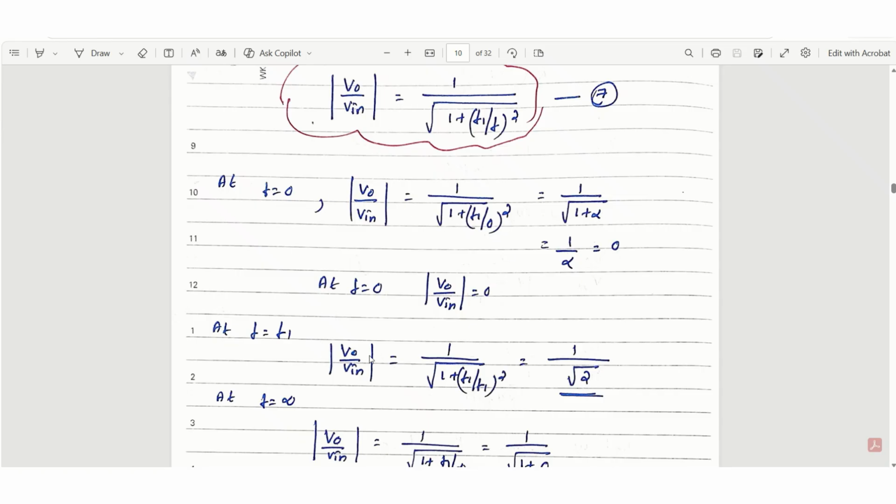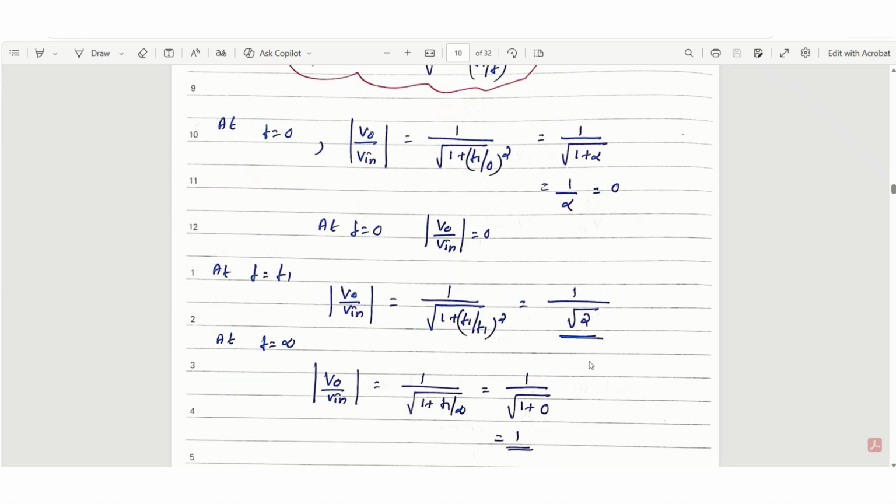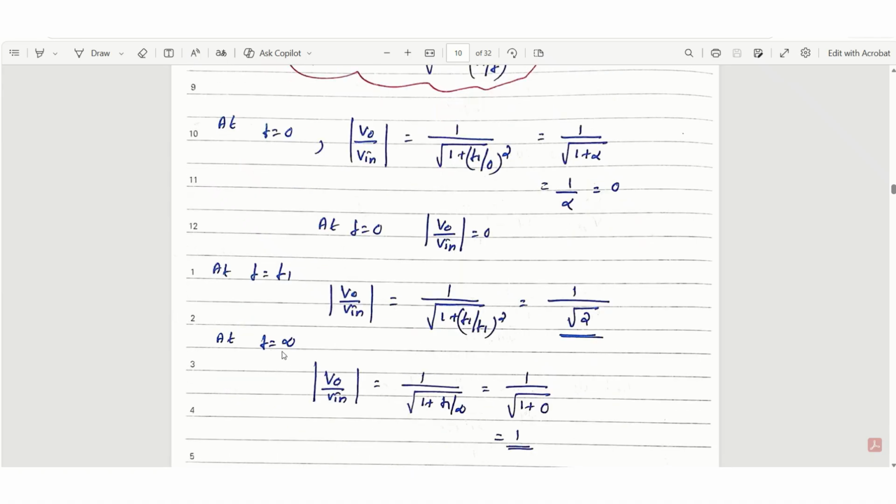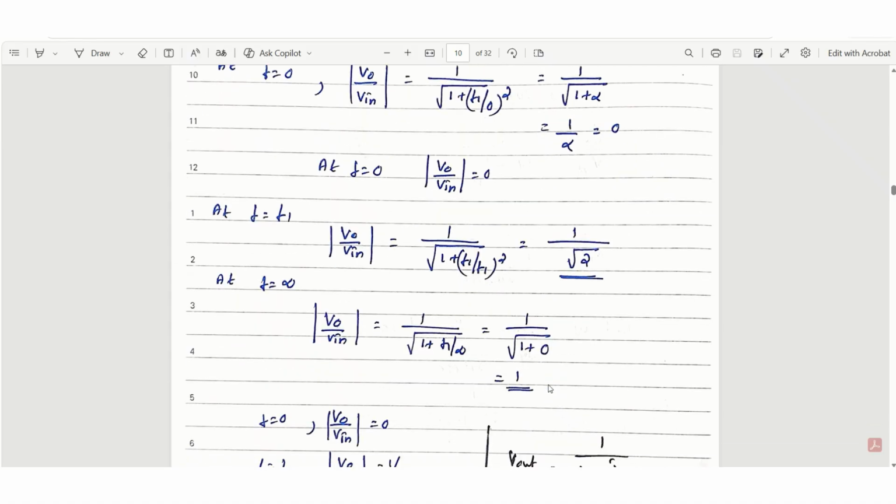At f equal to f1, substituting f equal to f1, the denominator becomes square root of 1 plus 1 square, that is 1 plus 1 means 2. At f equal to f1, at the cutoff frequency, the gain becomes 1 by root 2. At f equal to infinity, the gain becomes 1 by 1, that is unity.